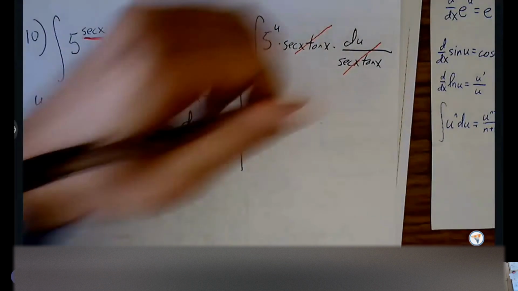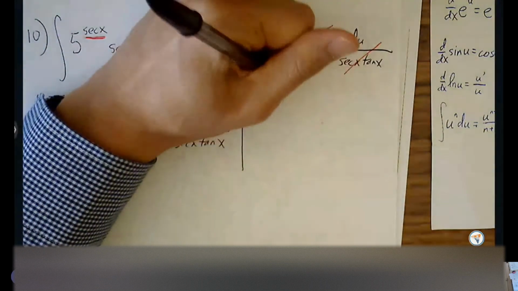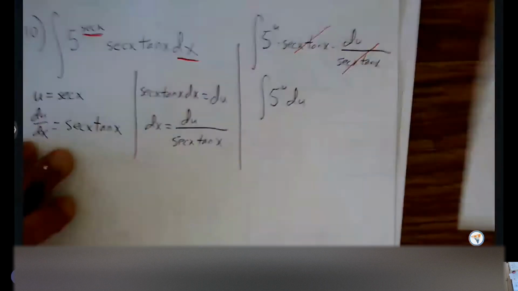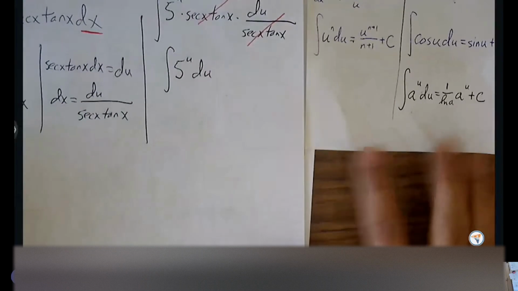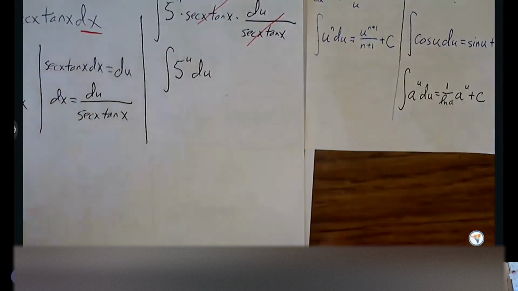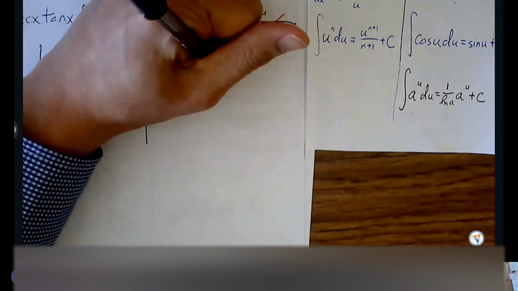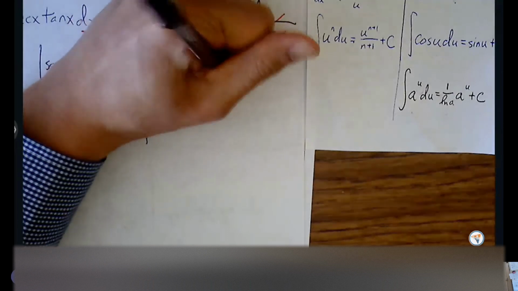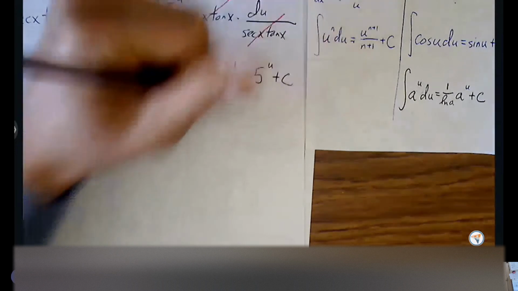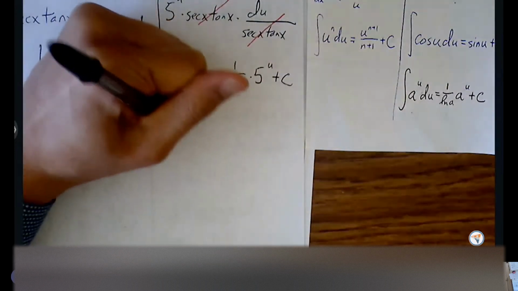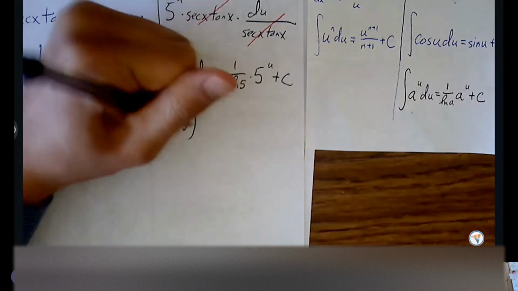Cleans up nicely, no coefficient. And now we just follow what the rule says. And then bring back your x variable.